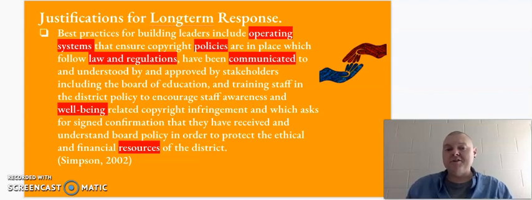This includes the Board of Education, and then training staff in this district policy to encourage staff awareness and well-being as it relates to copyright infringement, and then asking for signed confirmation that the staff has received and understood board policy, which then protects the ethical and financial resources of the district.